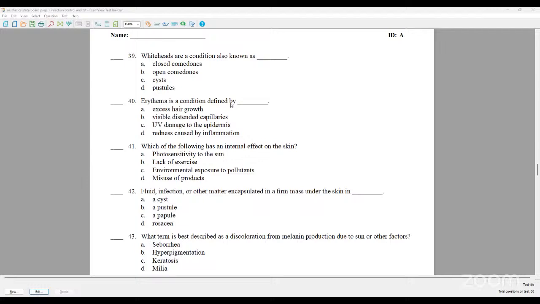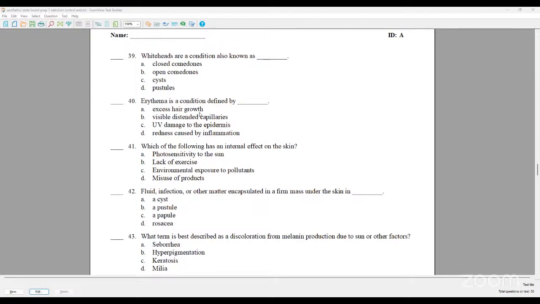Which of the following has an internal effect? Most of these have an external effect. Photosensitivity to the sun is sunburn, so it's gonna affect the skin on the outside. Environmental exposure to pollutants sits on top of the skin on the outside. And the misuse of products is going to affect the skin on the outside. And so lack of exercise is going to be the one thing that affects the skin on the inside.